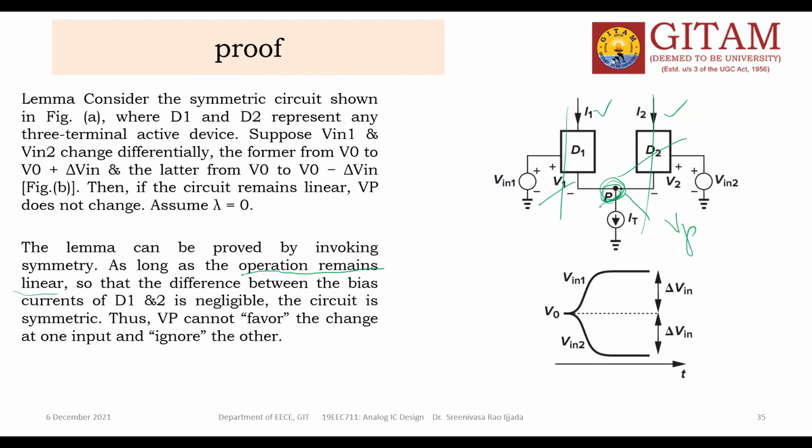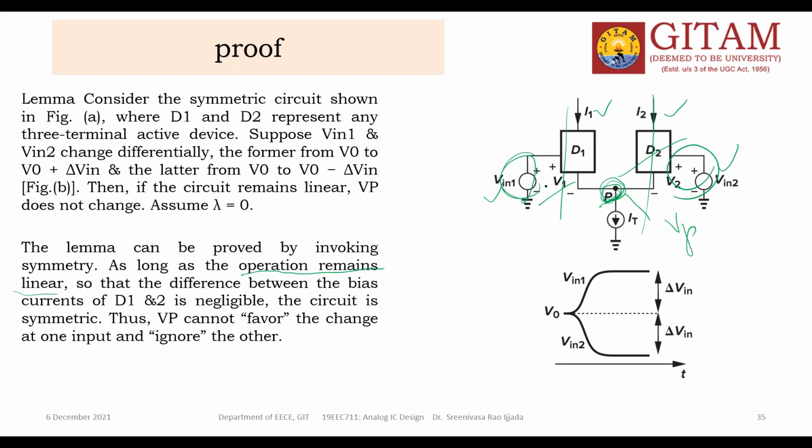Generally, you can find the change in the voltage at node P, so either the two devices are equally operating. Now both are equally operating, because both the inputs you are applying are the same.